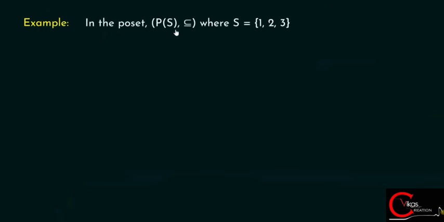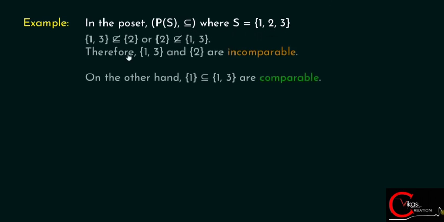In the poset (P(S), subset), where S is equal to {1, 2, 3}, the set {1, 3} is not a subset of {2}, and {2} is not a subset of {1, 3}. Therefore, we can say this set which consists of two elements 1, 3 and this set which consists of just a single element 2 are incomparable, right?